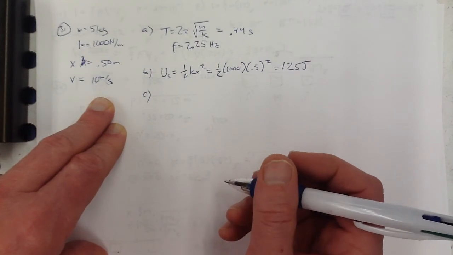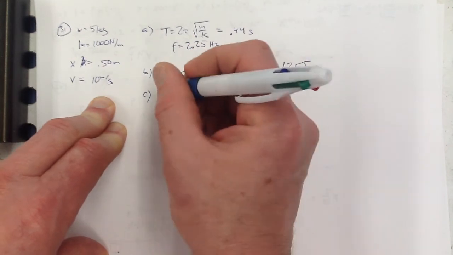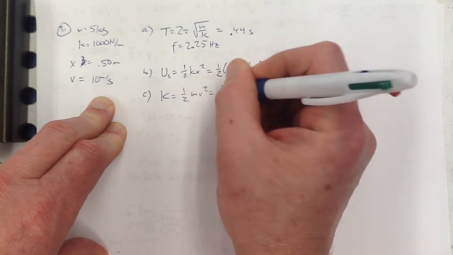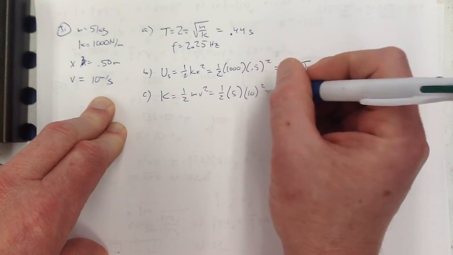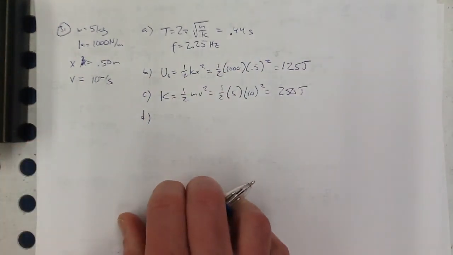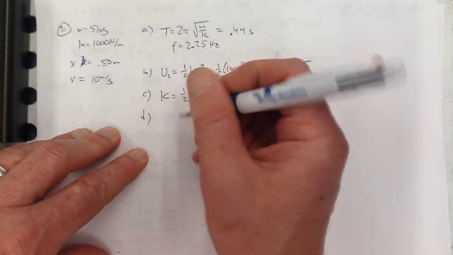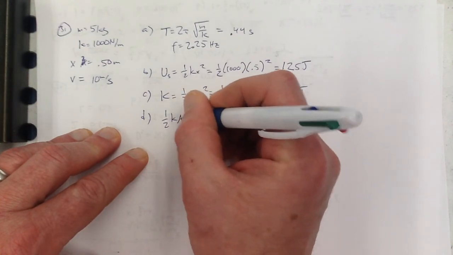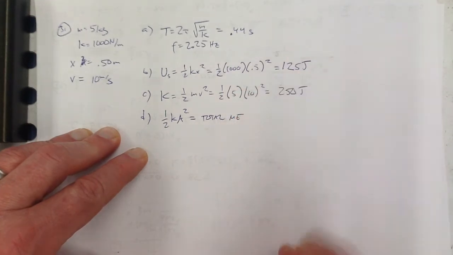And then C, what is the initial kinetic energy? 1/2 m v squared. That's 250. And part D, what's the motion's amplitude? So if you want to know the amplitude, well, that's when the 1/2 k a squared is equal to the total mechanical energy, right?